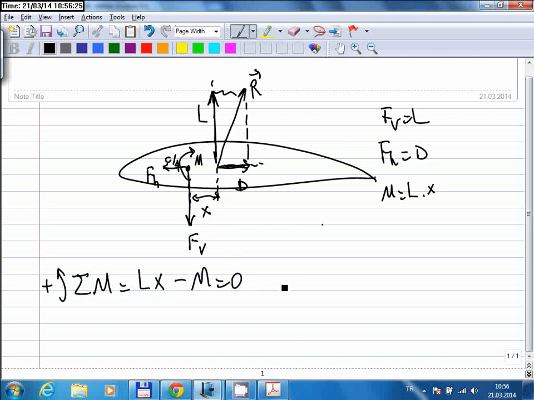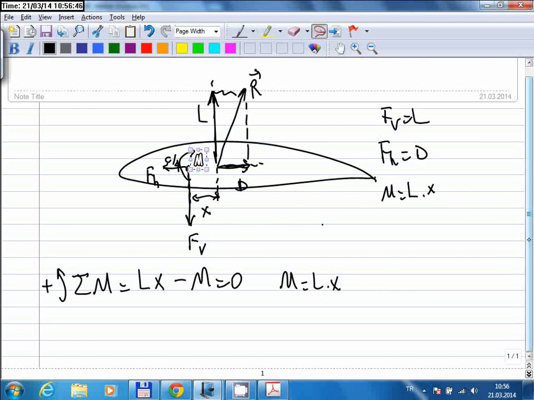So from here, M should be equal to L times X. The lift force is trying to bring the nose of the airfoil down, and the moment at the attachment point should be in the opposite direction.